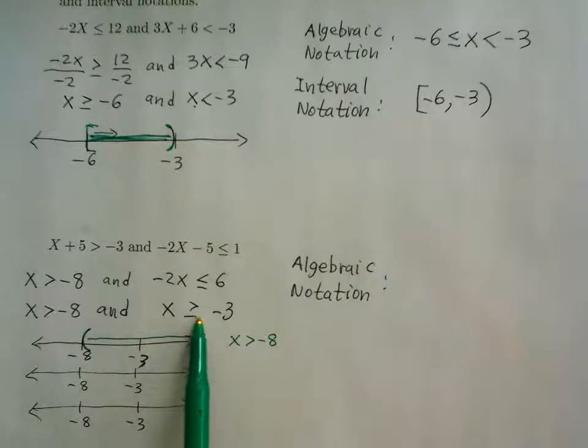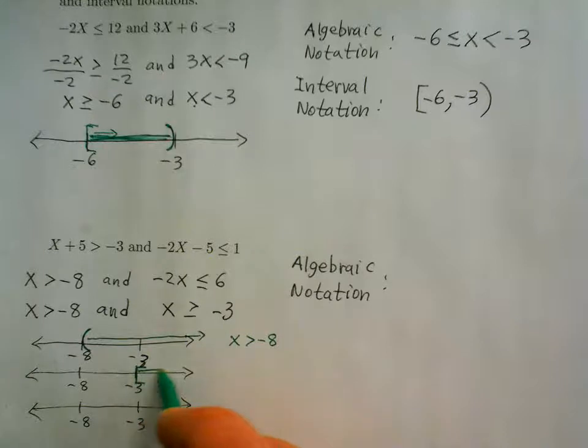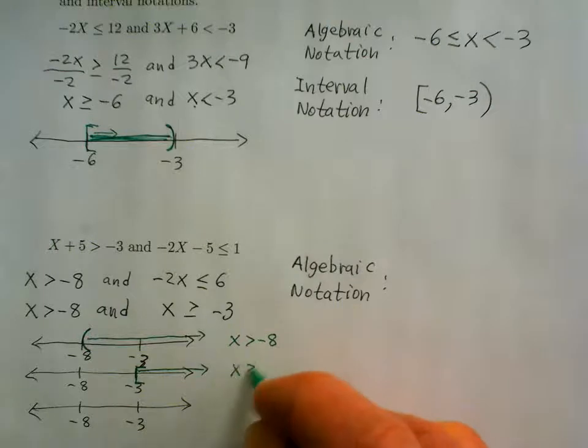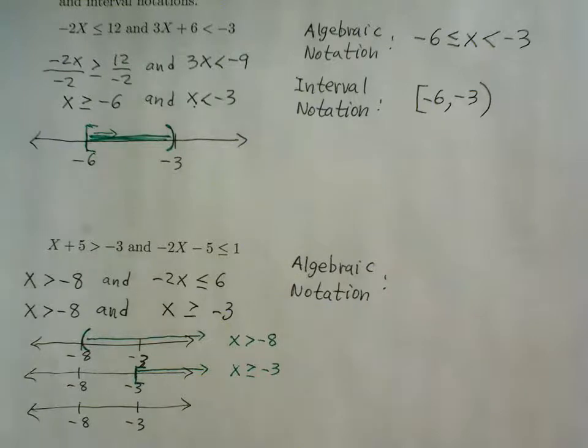If x is greater than or equal to -3, then it's from -3 including -3 and to the right towards +infinity. And what's the overlap? Yeah, from -3 and to the right. So x is greater than or equal to -3 is the intersection.